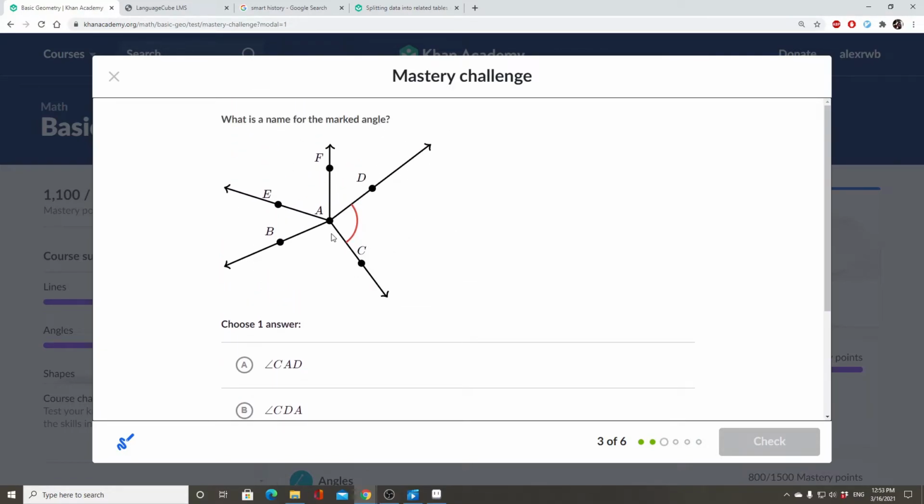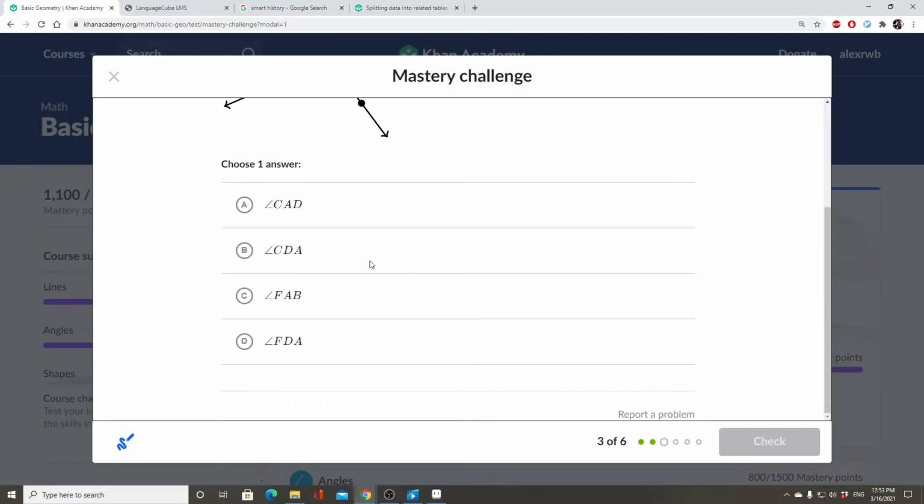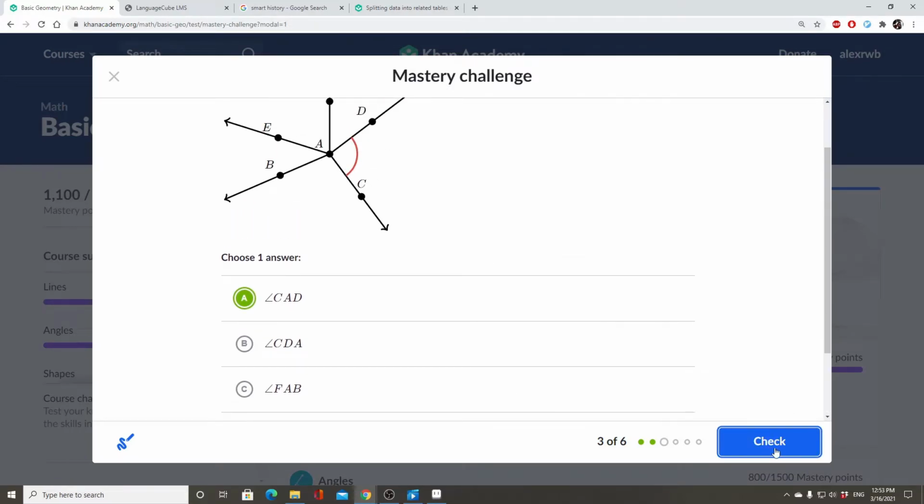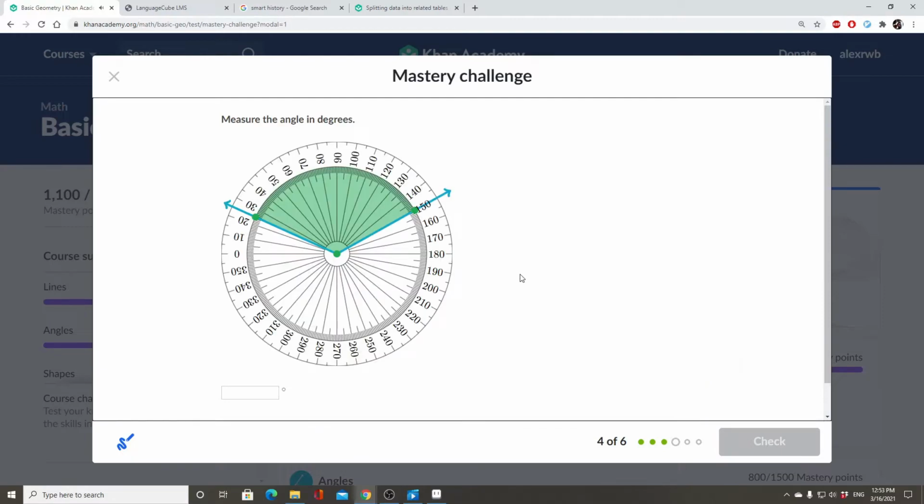What is the name for the marked angle? That's CAD or DAC, but it looks like they're going with CAD. And yeah, we can do this pretty quickly, I guess. Measure the angle in degrees.